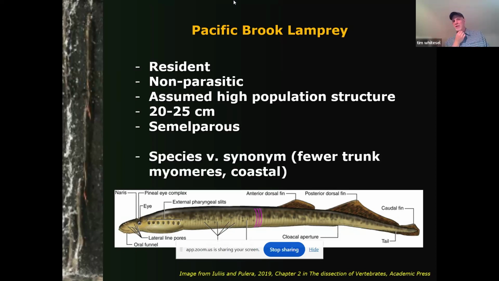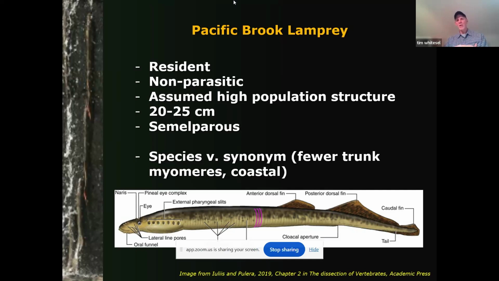So again, thinking of species, you saw it, it's got its own name on the list, Lampetra pacifica. However, recent discussions in the literature talk about whether these are truly a unique species or a synonym, which is really what most people are thinking at this time.